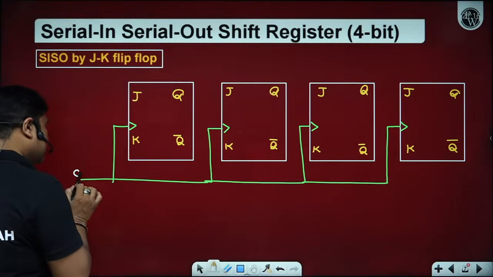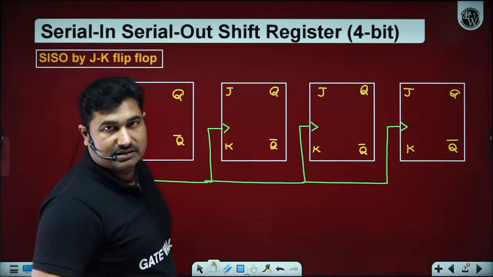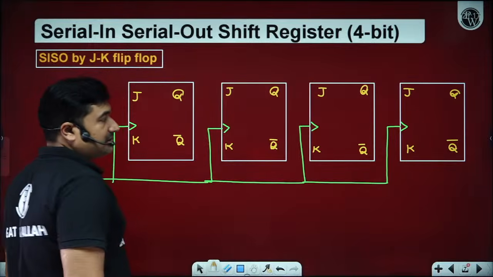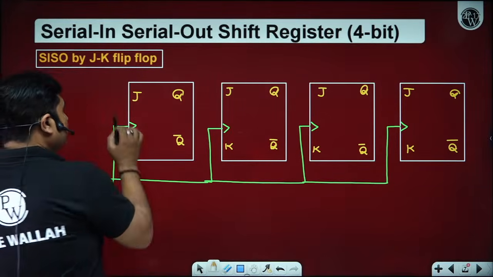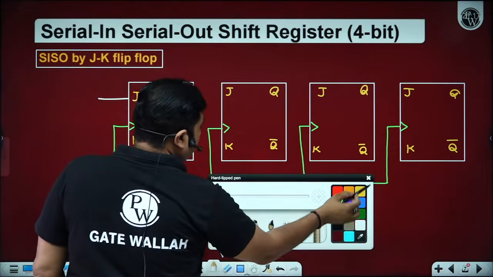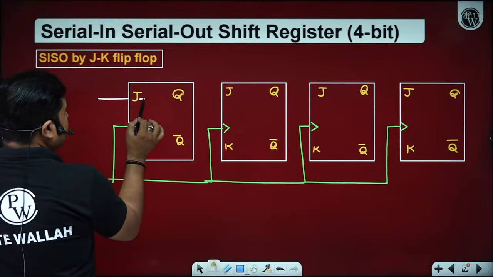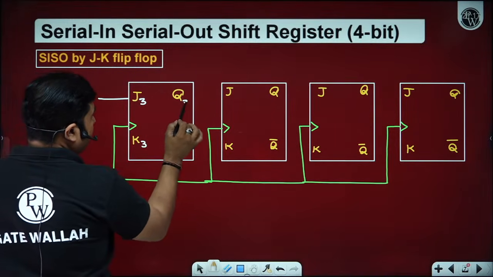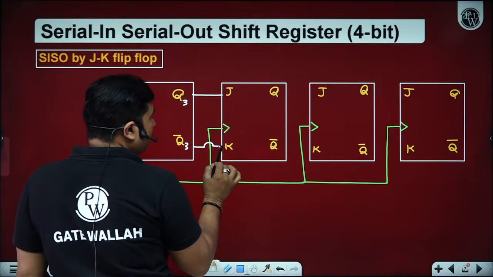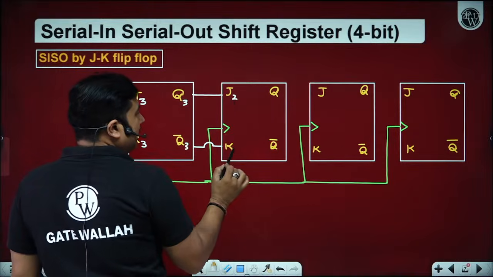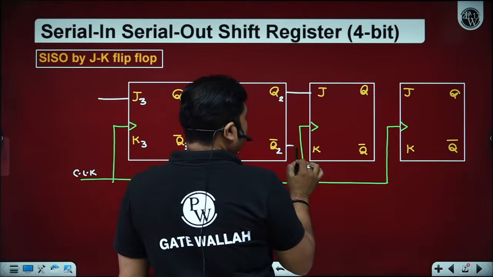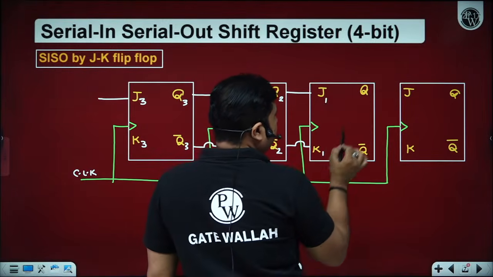Suppose I am interested in designing a shift right register. Then the first flip-flop, in which data is coming in, I am representing as 3. The input to the next flip-flop is the output of the previous flip-flop, which I am indicating as the next significant bit, and accordingly we reach the least significant bit.